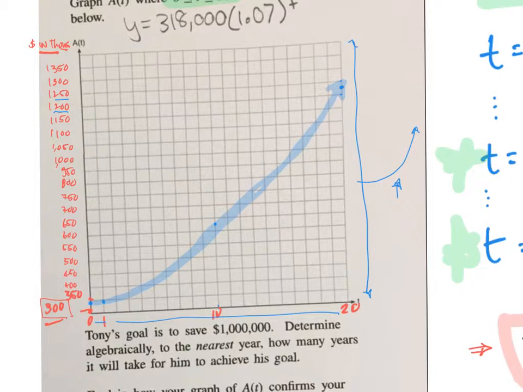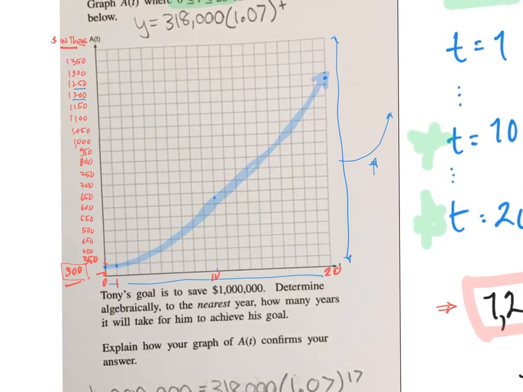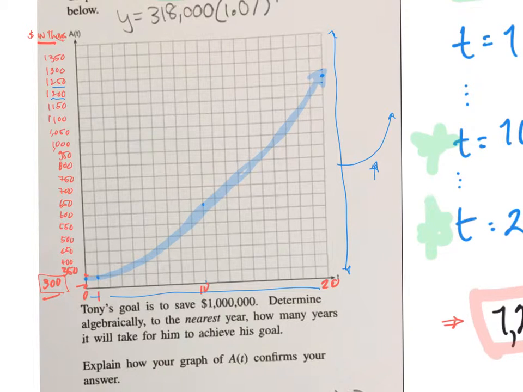So absent a graphing calculator, this is what I would do. And even if you have a graphing calculator, getting a few points down is going to be extremely helpful in helping you determine what this looks like. As for the next part of the question, which asks how many years it will take for him to achieve his goal of getting $1 million and to use the graph to confirm it, now we can very easily look at when he gets to $1 million.